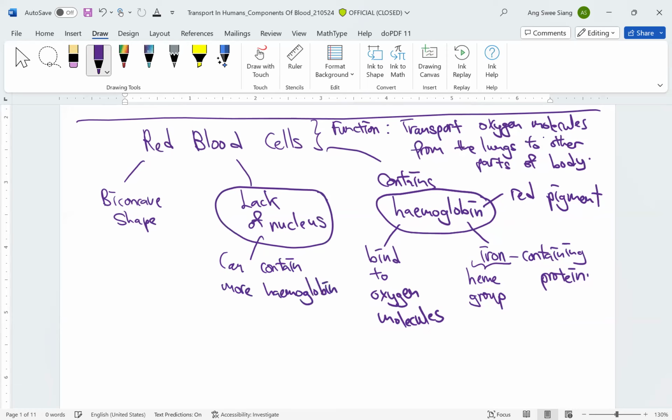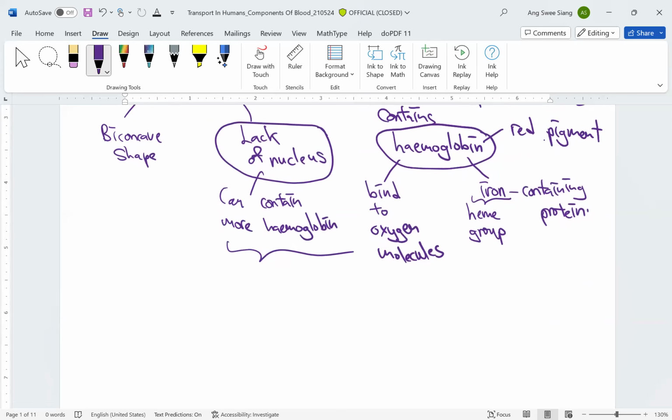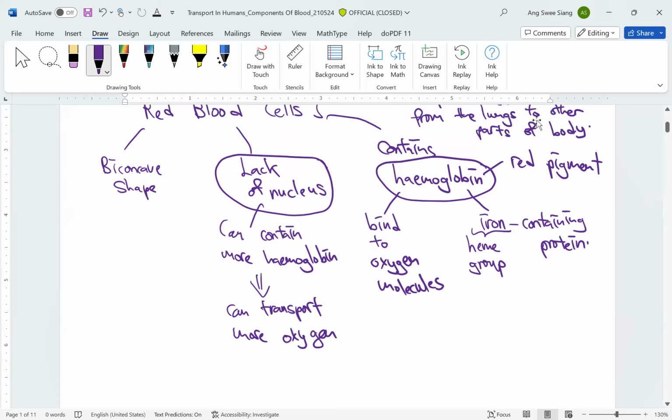Because it can contain more hemoglobin, then it can transport more oxygen.